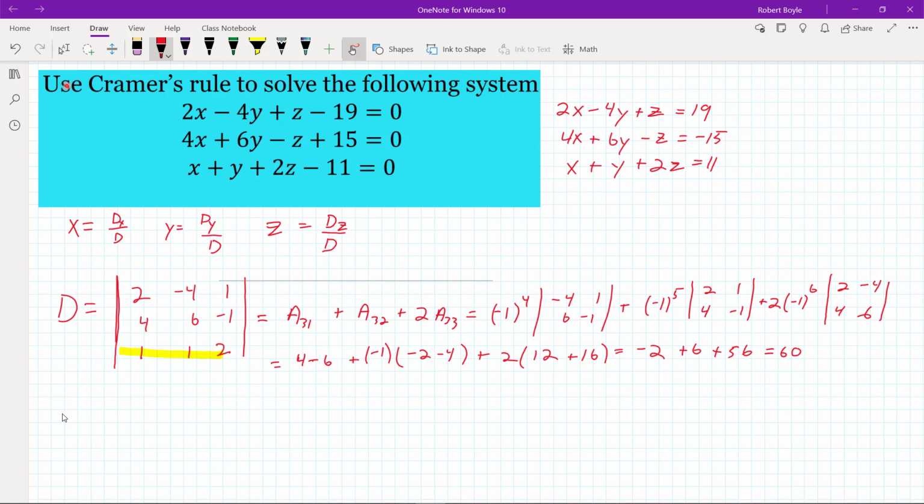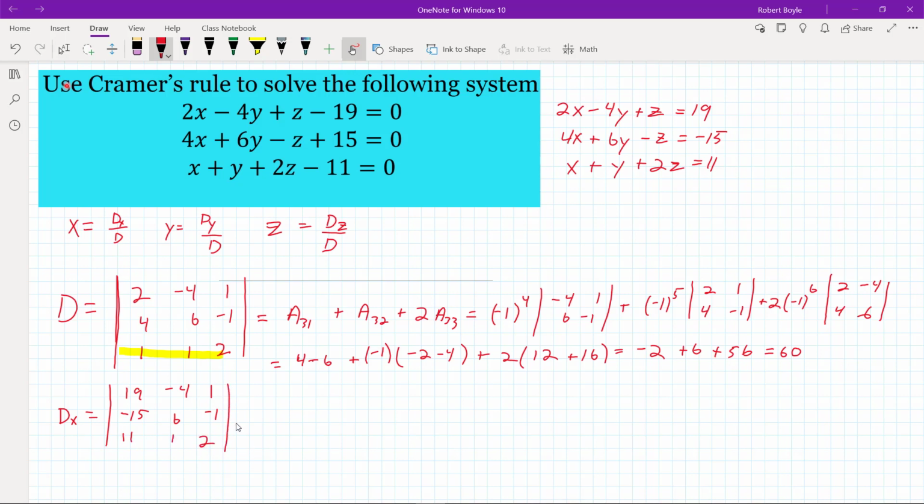Okay, now dx is going to be equal to the determinant 19, -4, 1, -15, 6, -1, 11, 1, and 2.